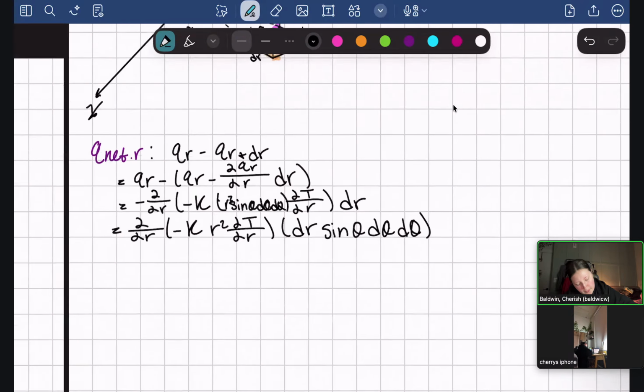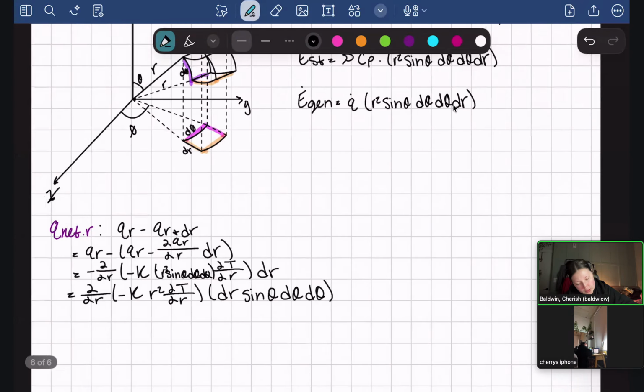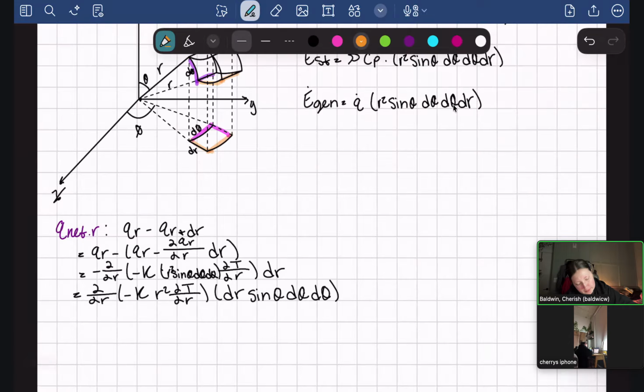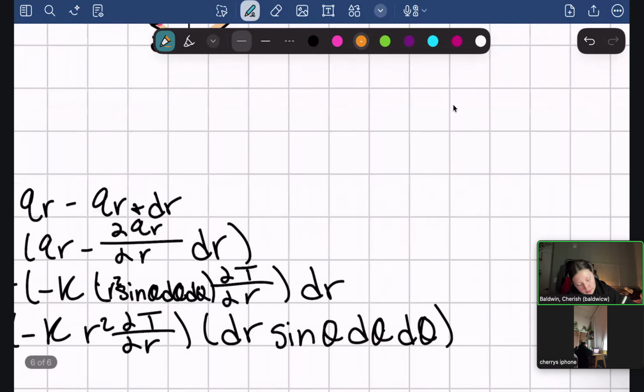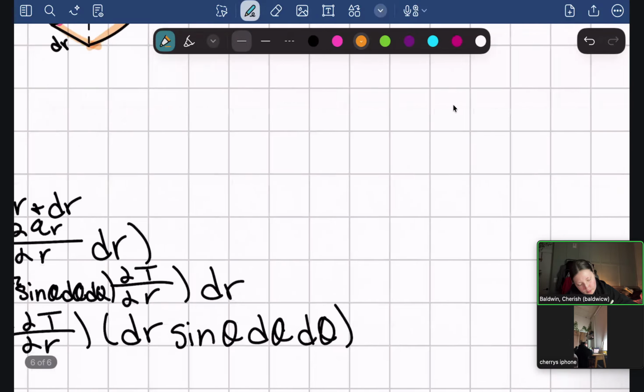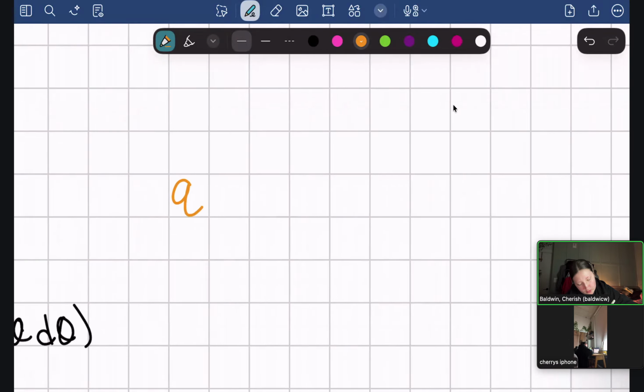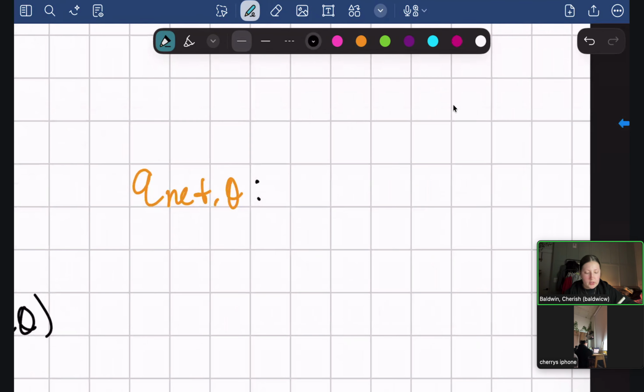Alright, now we're gonna go on to the orange surface, which is Q theta, starts off the same.